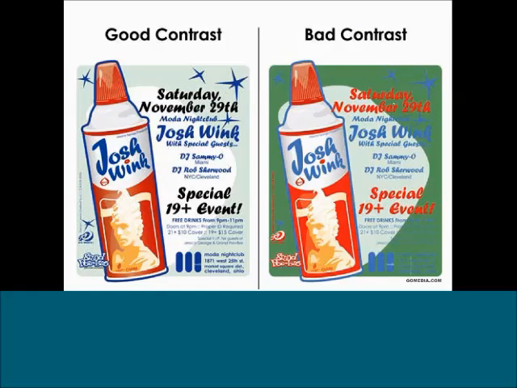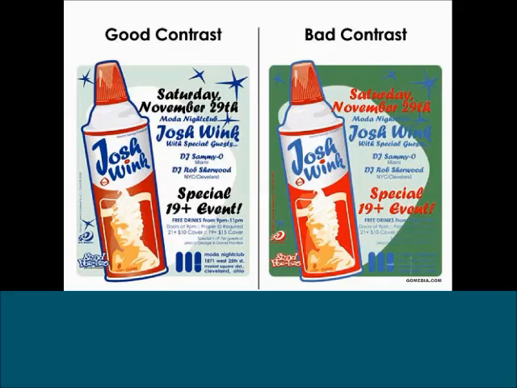The reason this is so rough on the eye is because the blue and green are too close in the spectrum, and then the red and green are just too much of a contrast that they hurt each other. So if you look over here, this is still contrasting, but it definitely works. You can read it, it's readable. That's the important part.